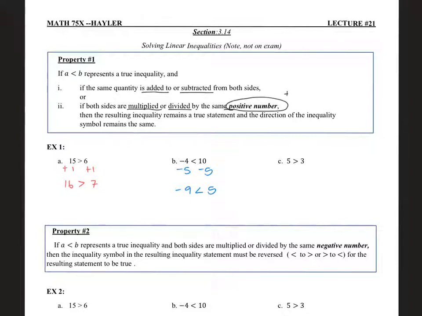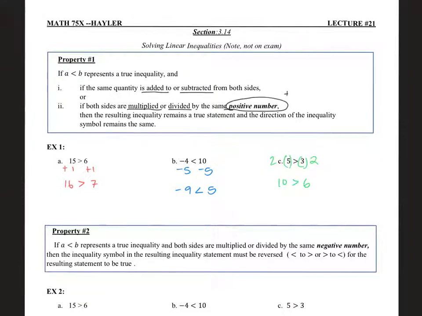So now let's multiply. We can use the multiplication, multiplying both sides by, let's go with 2. Before we do that, let's check. Is 5 greater than 3? Yeah, 5 is greater than 3. So now let's do the multiplying by 2. Then we get 10 is greater than 6. Is that true?